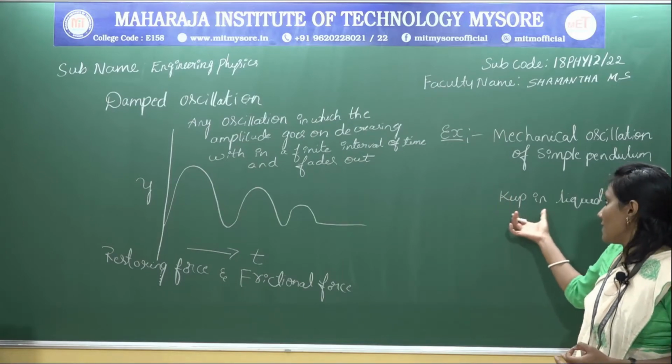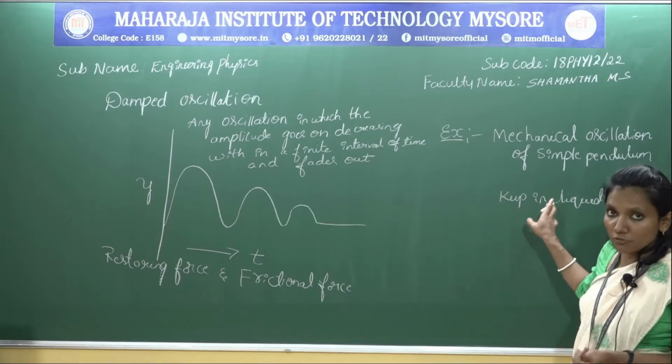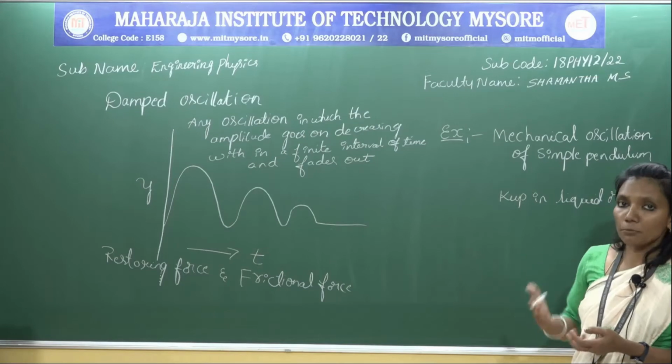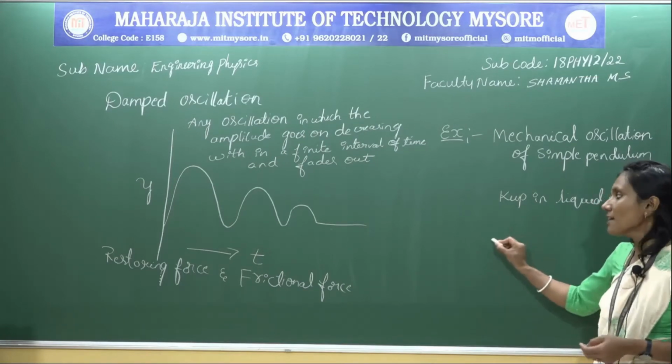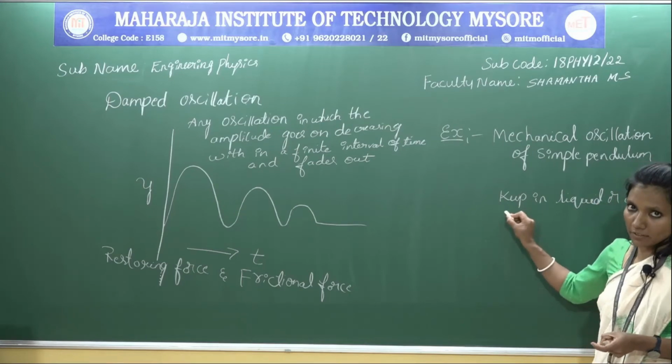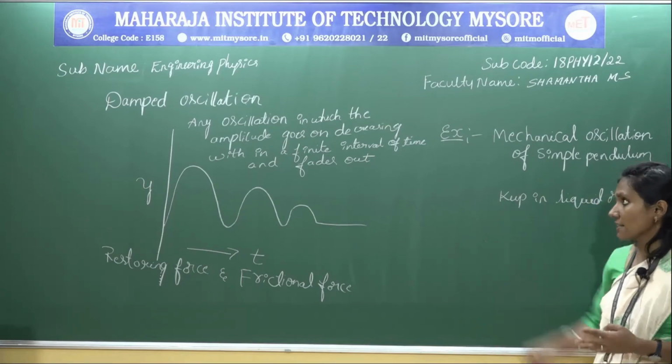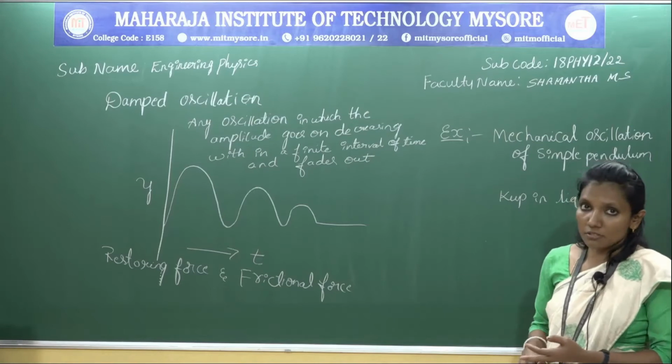Compared to air, in liquid the motion of the body will quickly come to its mean position, as quickly as possible. So these are the examples for damped oscillations.